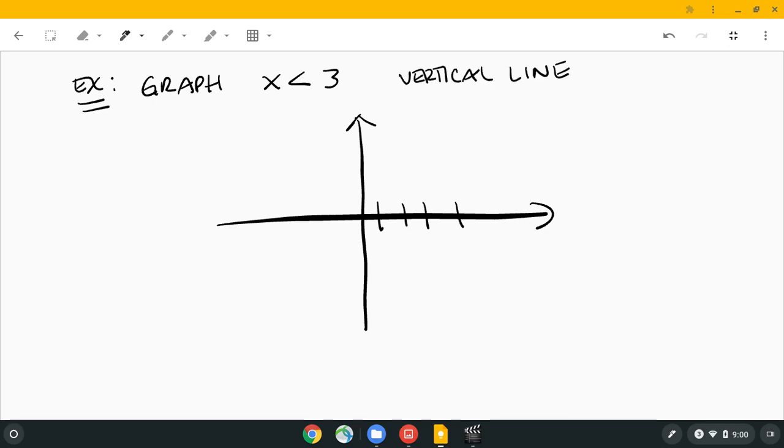This is the vertical line. And since this is a strict inequality, it won't be a solid vertical line at 3. It's going to be dashed.